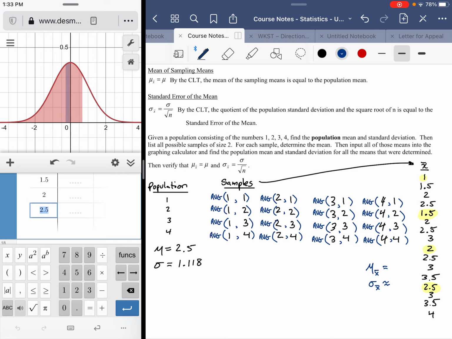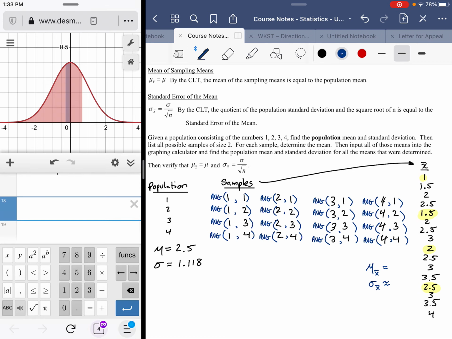The next one, it's going to say 3, but I needed to go back to 1.5, so I'm going to make that adjustment. 1.5, 2, 2.5, 3, then back to 2, 2.5, 3, 3.5, then 2.5, 3, 3.5, 4.